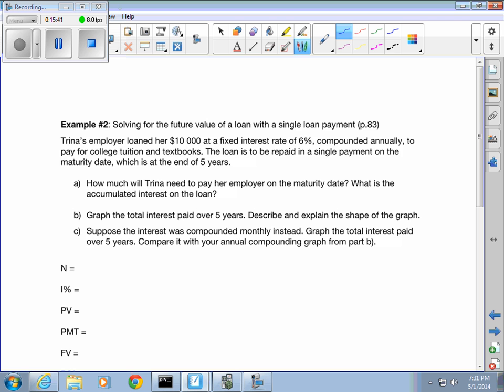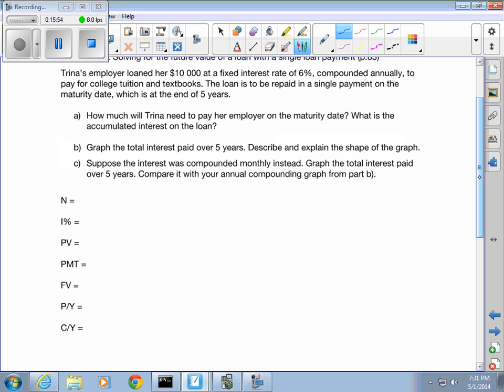So we want to find the future value for this. The first part asks for yearly. So for A, if we do this yearly, our N is 5, so there's 5 years, 5 payment periods.